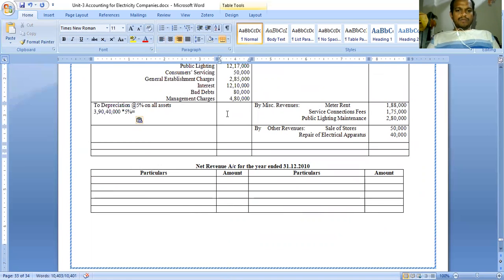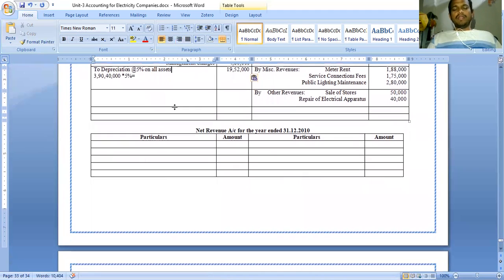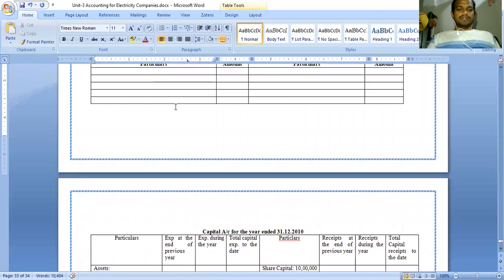So it amounts to 19 lakh 52,000, and after charging against the revenues, we have to transfer it to the depreciation fund. So that depreciation fund will appear in the liability side of the general balance sheet.